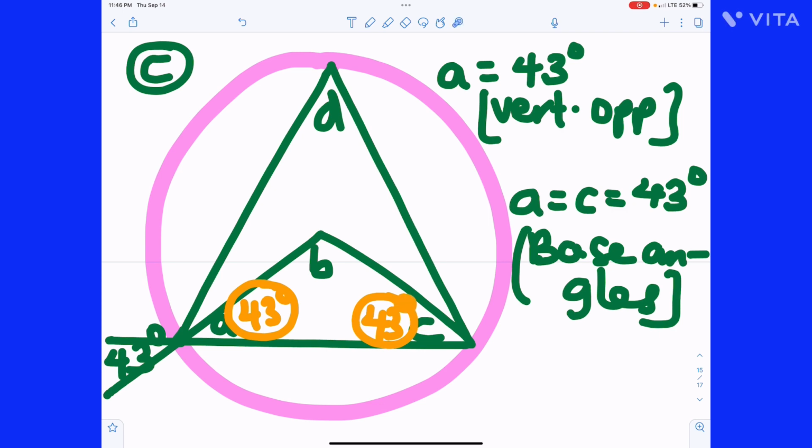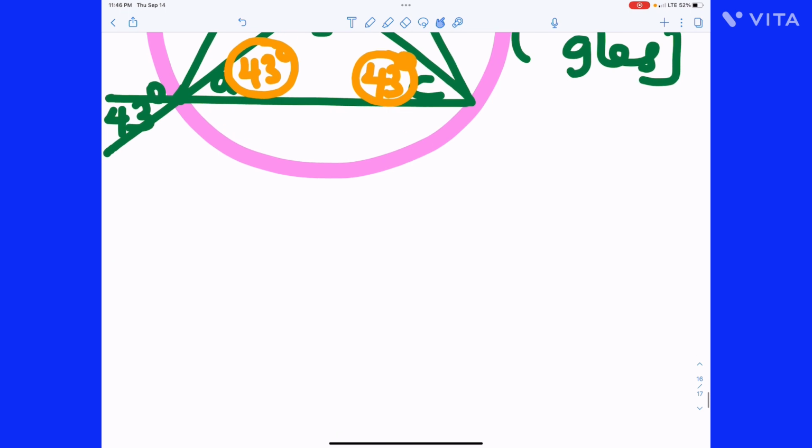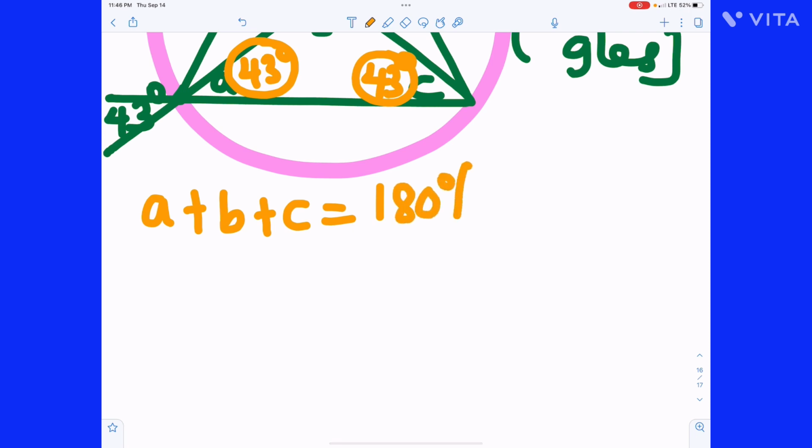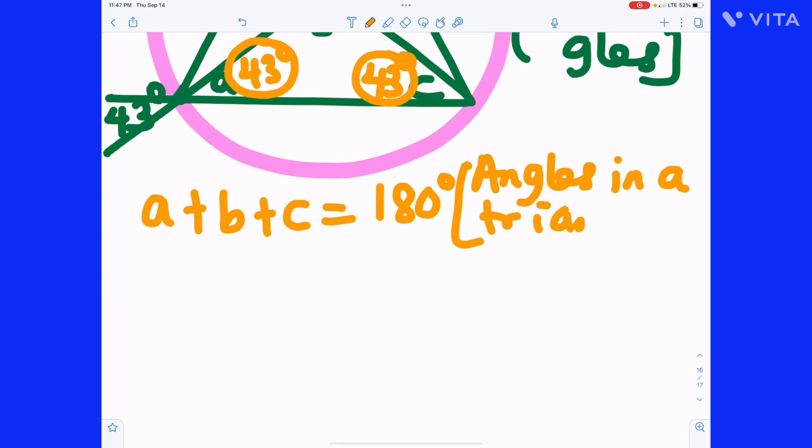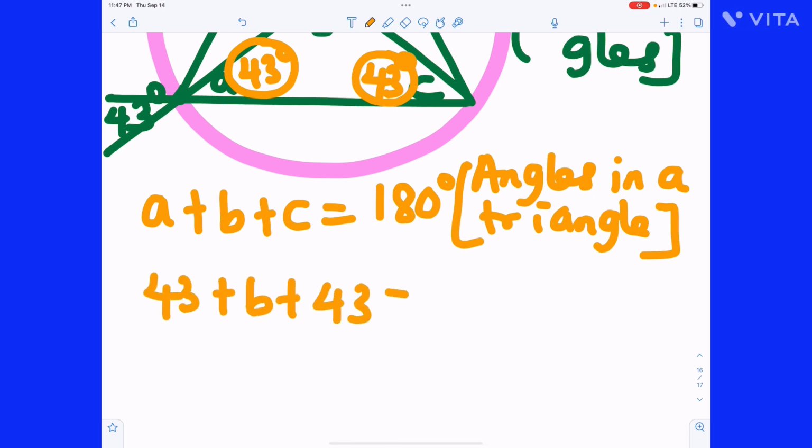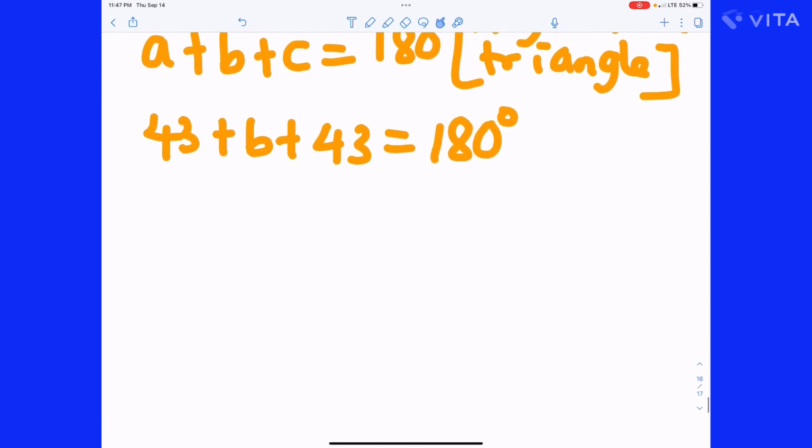So we can get B now, since we know A and C. A plus B plus C is 180. Sum of angles in a triangle. So 43 plus B plus 43 is 180.